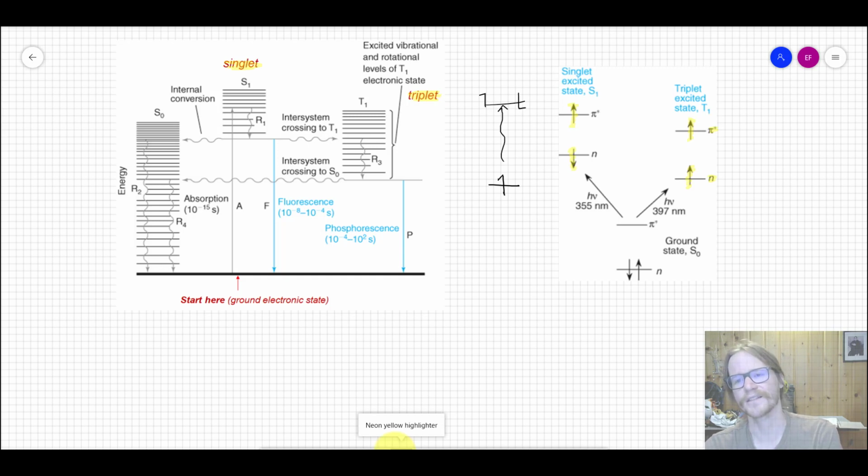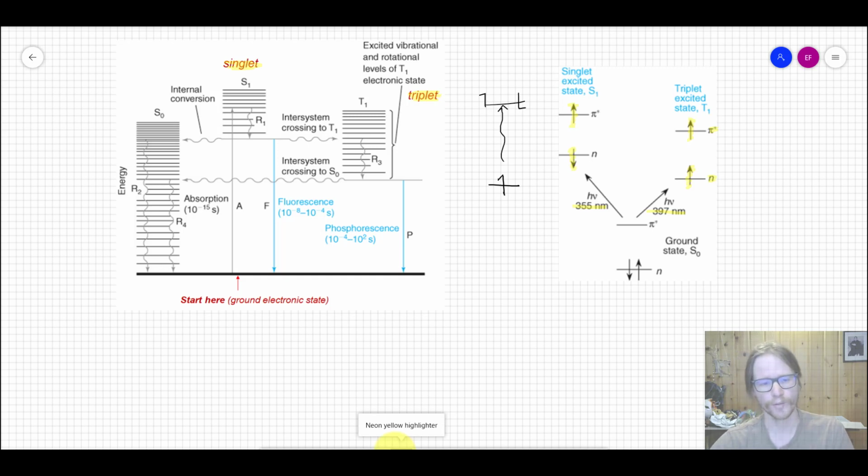Those are two different states, and they require different energies to achieve. You can see that the absorbance of one occurs at 355 and one occurs at 397. The reason for this is beyond the scope of this class. This is the focus of the quantum portion of a PChem course. But it's important to note that they are two different types of absorption.